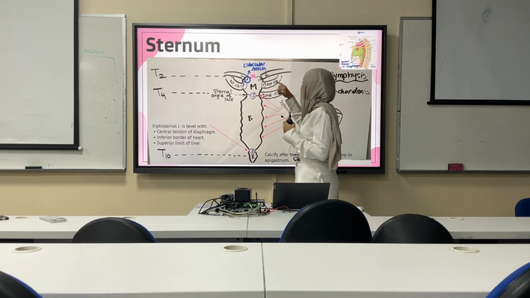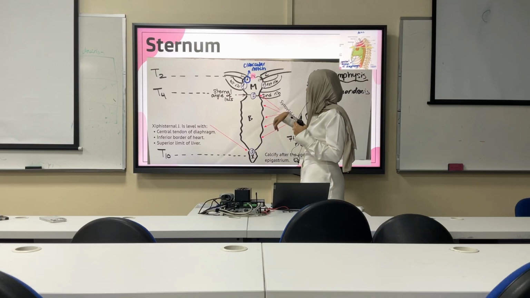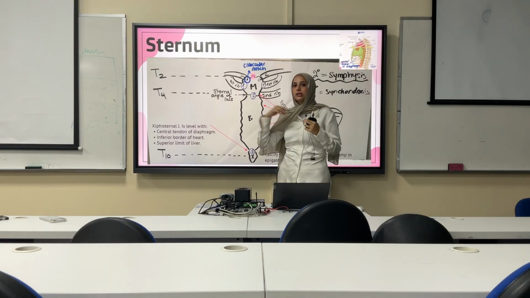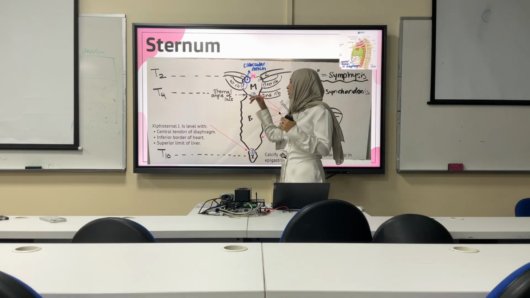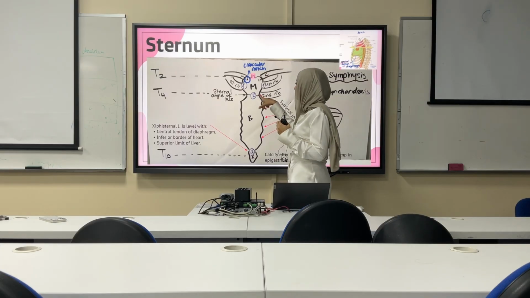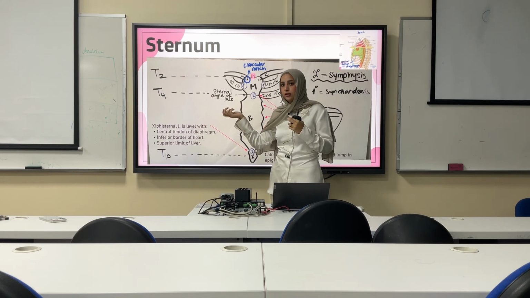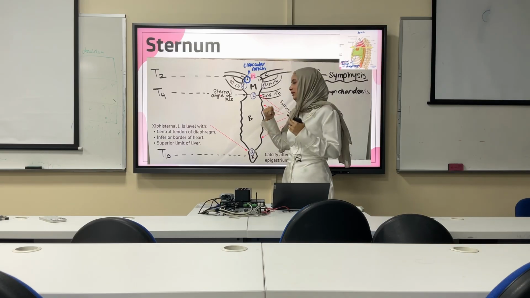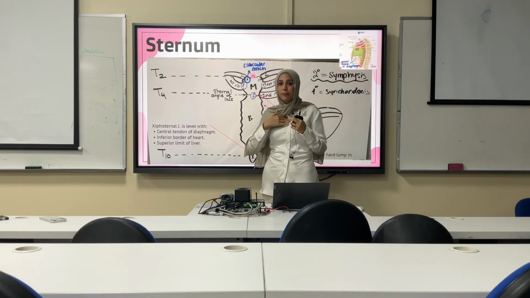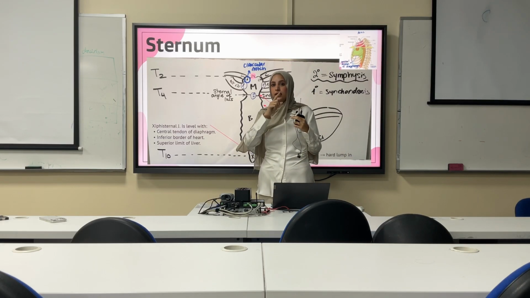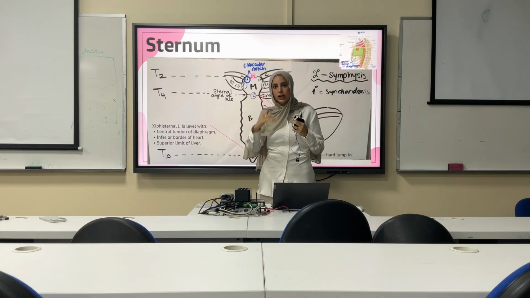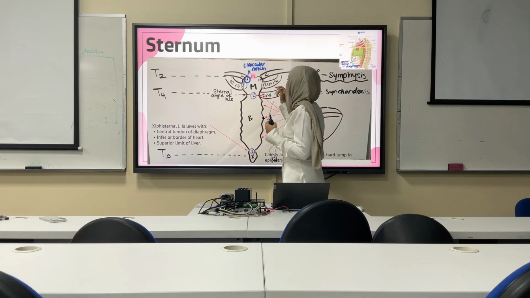The most important part of the sternum is where the second rib joins, between the manubrium and the body, the articulation between the manubrium and the body. What do you call that? Yeah, sternal angle, or angle of Louis. Why? Because we can palpate it, and so we can tell that here lies the second rib, so we can count downward from that.